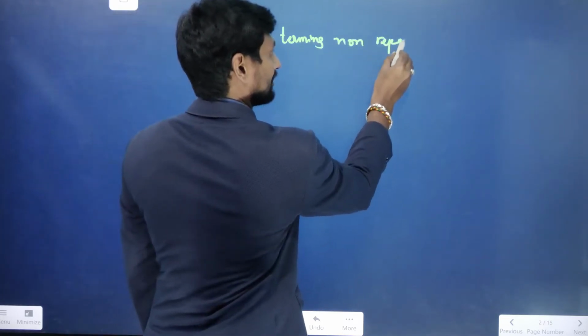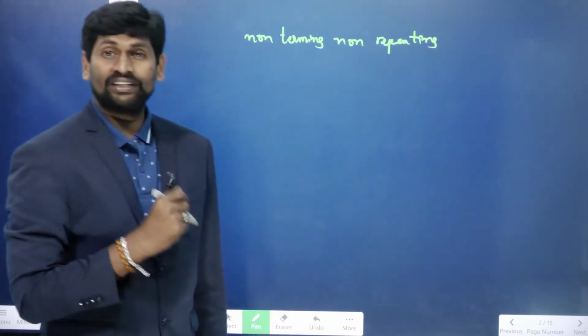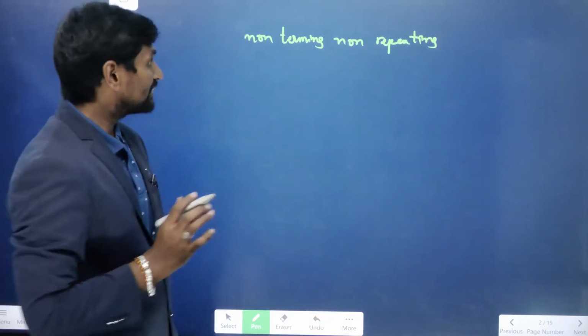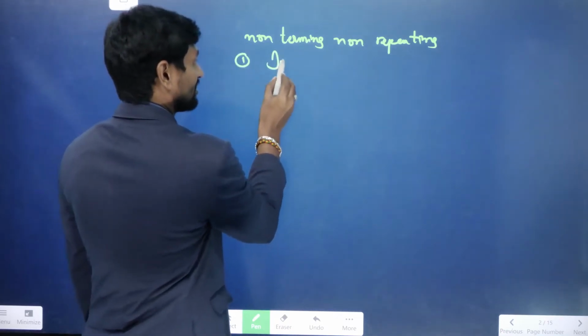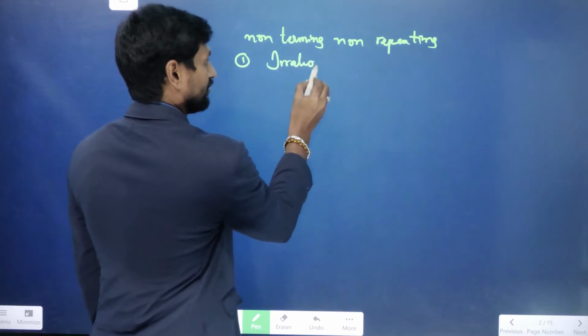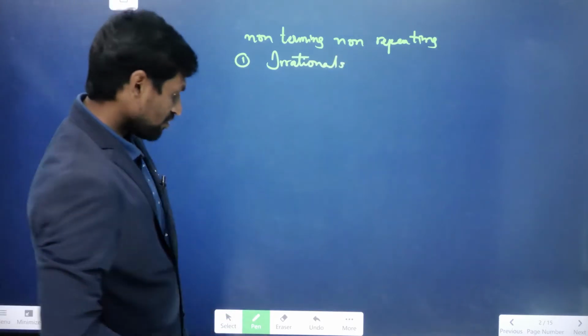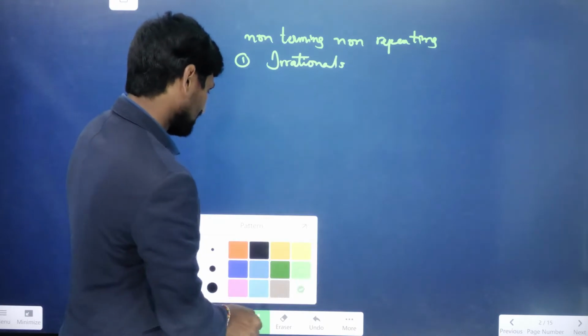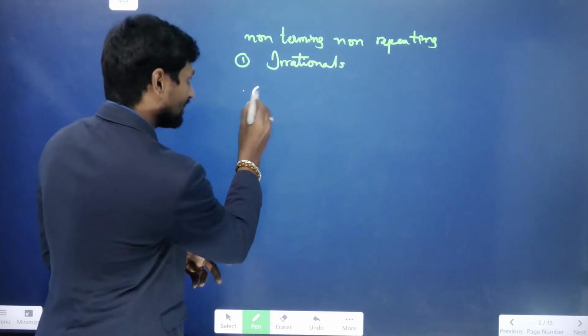Such numbers are called irrational numbers. What are irrational numbers? Non-terminating, non-repeating decimals. Let me write one example here.